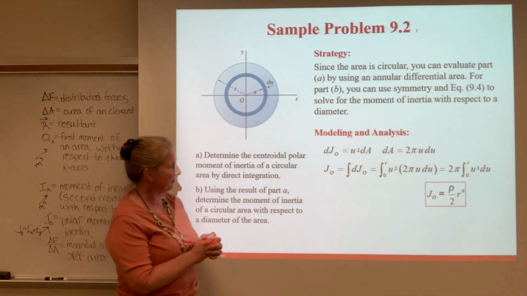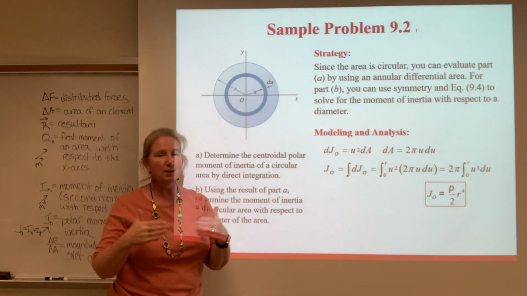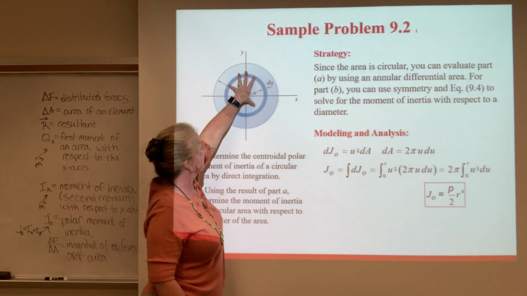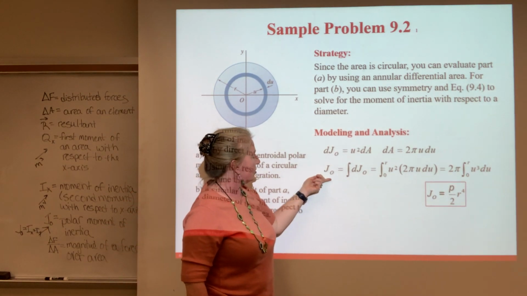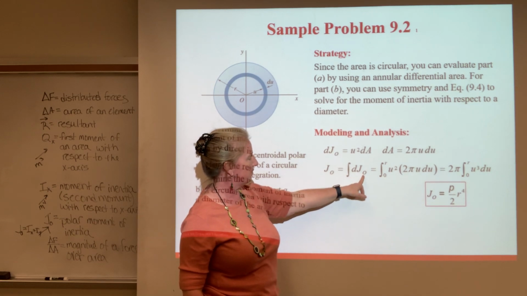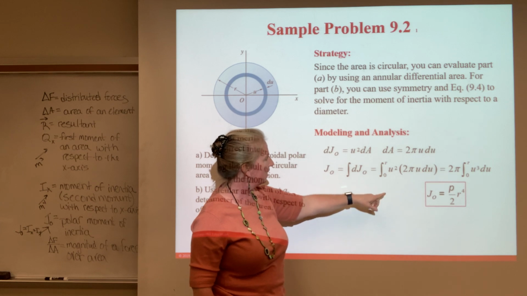You always have to think about when you are putting in a du or a dA. Well, when the location of this strip is going to change as it moves out to the edge of the circle. So my polar moment of inertia is the derivative of that piece, or integrating dJ sub o.